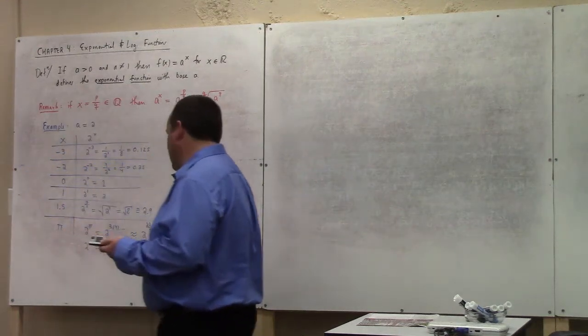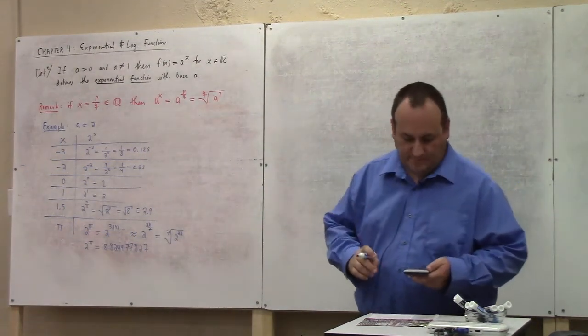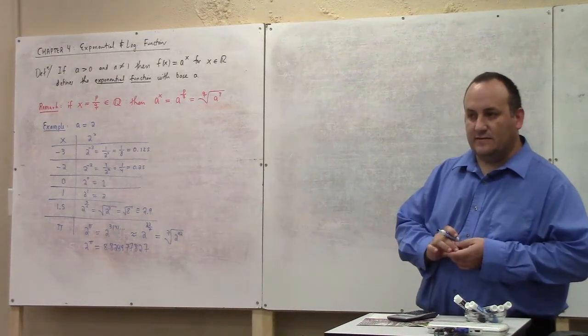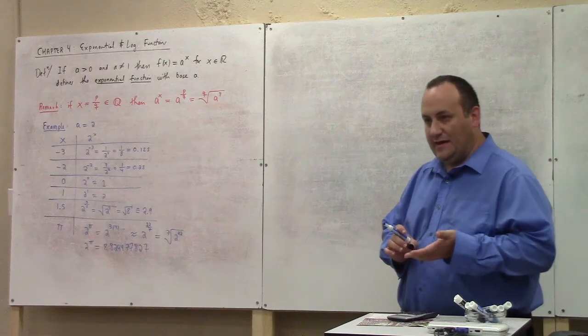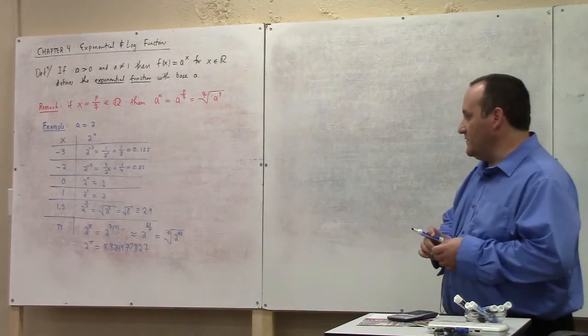That's as many digits as my calculator gives. I think that makes sense, right? 2 to the 3 is 8. 2 to the pi is a little bit bigger than 8, because 3.14 is larger than 3.